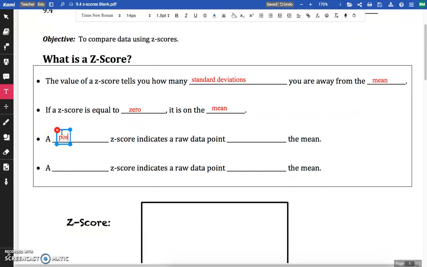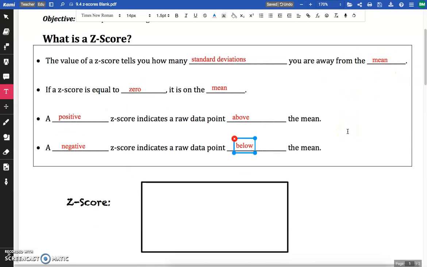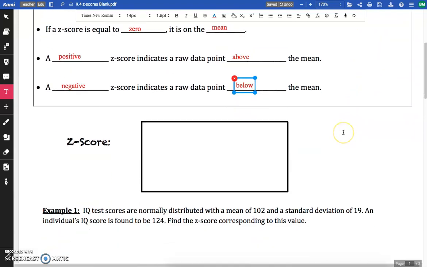A positive z-score indicates that your raw data point is above the mean, and a negative z-score indicates a raw data point below the mean. Okay, again, a z-score is how many standard deviations you are away from the mean or from the average based on one data point. So let's look at how we actually calculate that.